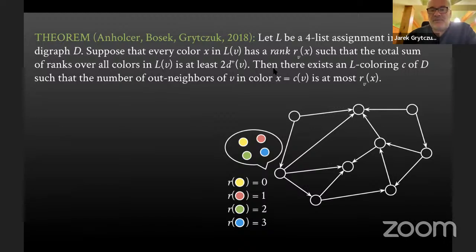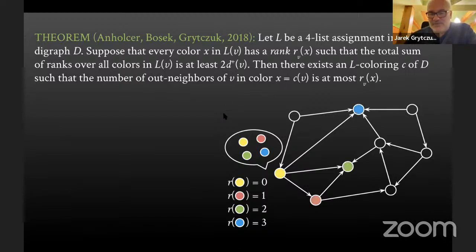The thesis of the theorem is that if we have these ranks with colors in lists everywhere, we can choose a coloring that satisfies this condition. And this condition says that the number of out neighbors of any vertex in the color of that vertex in this coloring is bounded by the rank of this color.